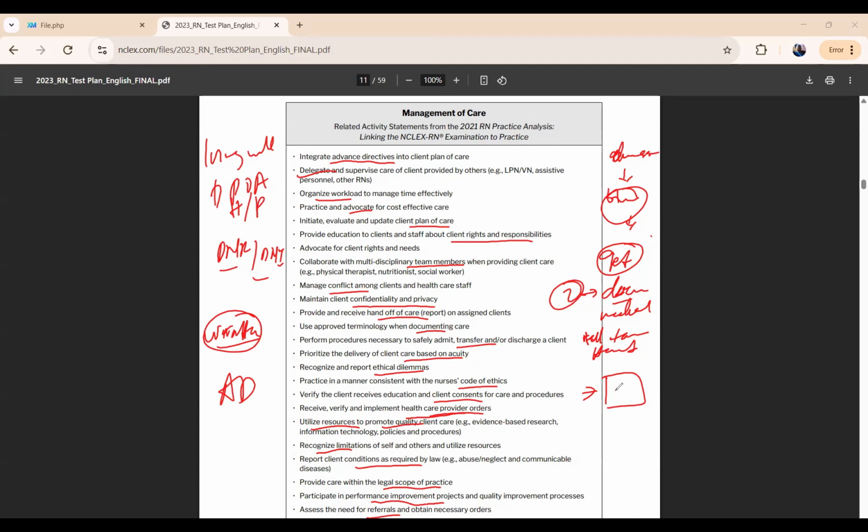The durable power of attorney is supposed to be saying we should not do anything outside the living will, not saying anything different from the living will, the same way the nurse wants to respect the living will.